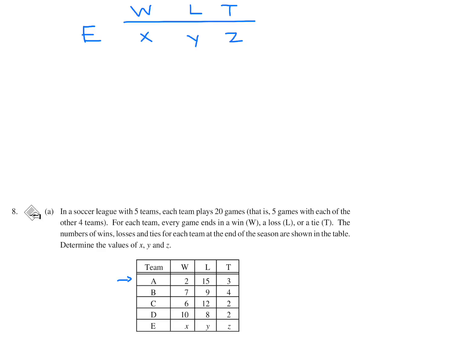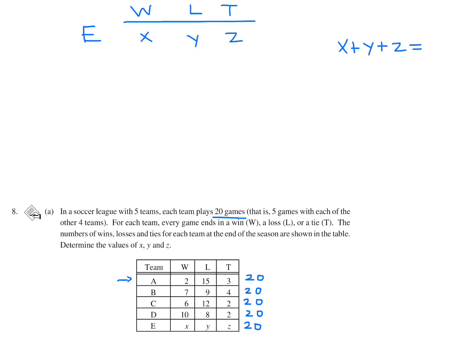For Team A, for example, the number of wins, losses, and ties equals 20. And that makes sense because they played 20 games. Same thing with B. 7 plus 9 plus 4 is 20. And exact same for C and D. So therefore, x, y, z must also add up to 20.